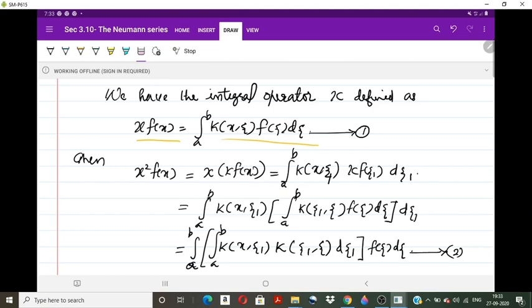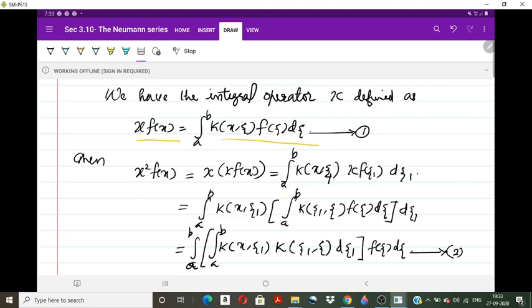Instead of theta, we write the dummy variable as theta 1. So the integral becomes integral a to b k of x theta 1 kappa of f of theta 1 d theta 1. Now we have to find kappa of f of theta 1.